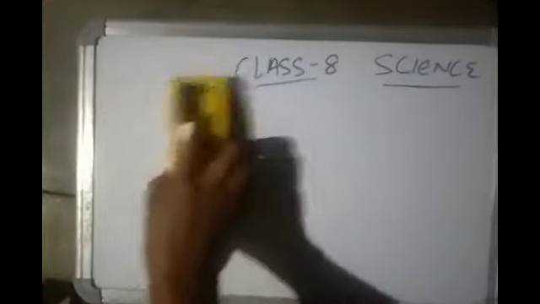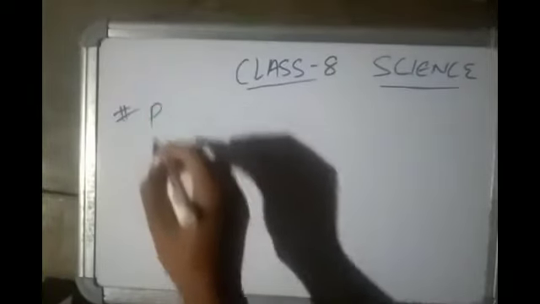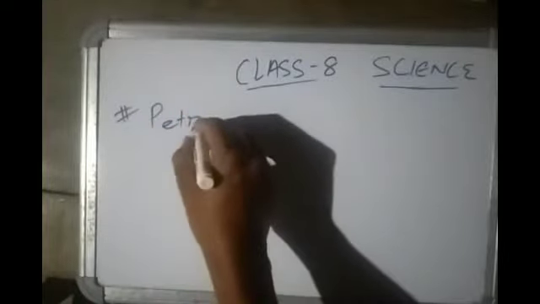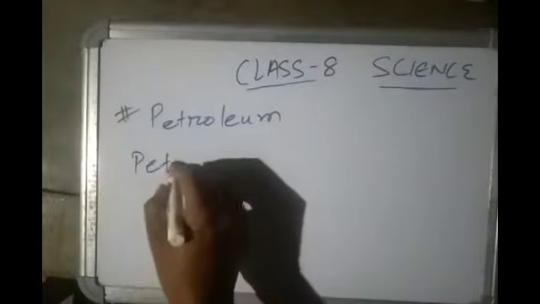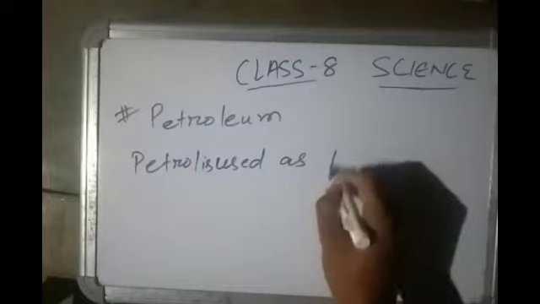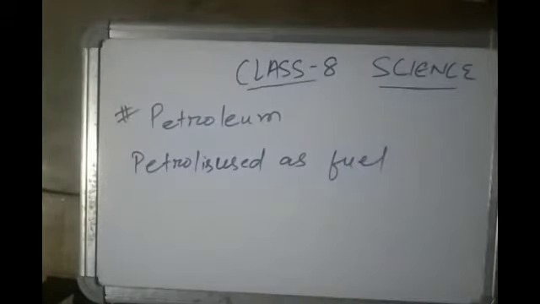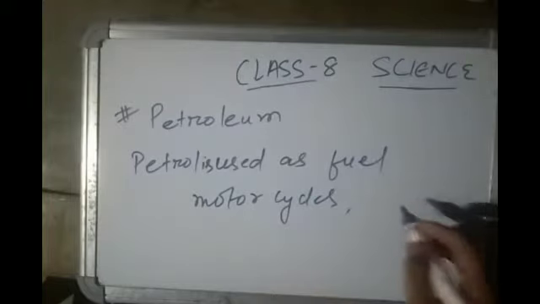So let's start with the first topic of today's lesson, that is petroleum. You will find the topic on page number 59. In the starting itself, it is given that petrol is used as a fuel in light automobiles such as motorcycles, scooters, cars.